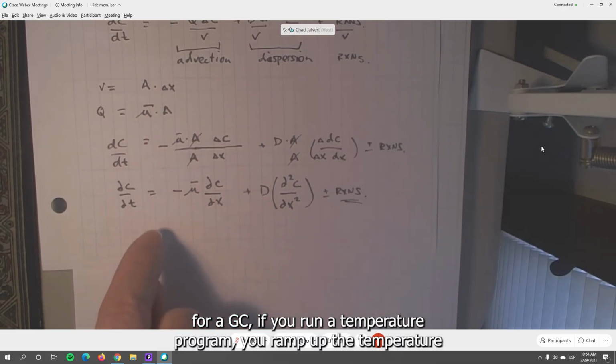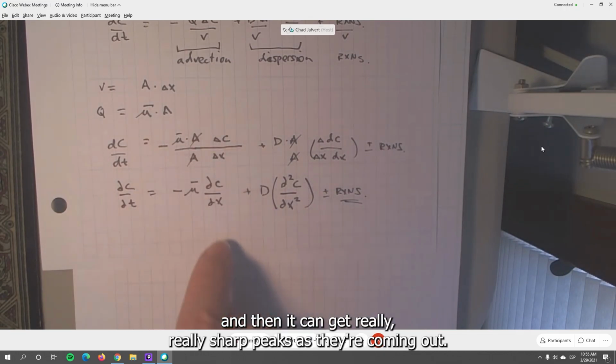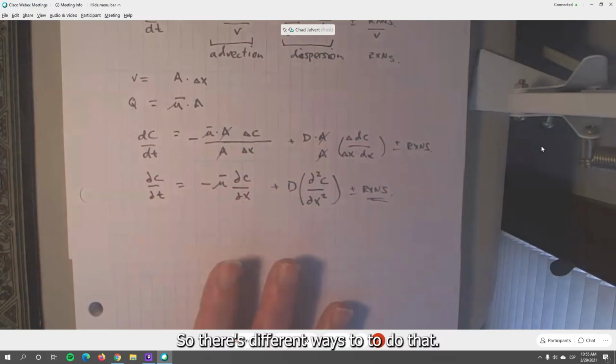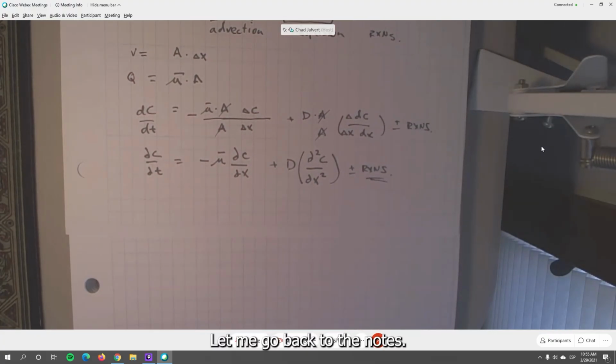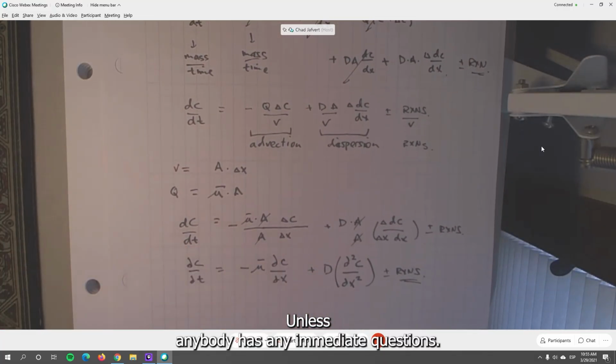For a GC, if you run a temperature program, you ramp up the temperature, and then you can get really, really sharp peaks as they're coming out. So there's different ways to do that. Let me go back to the notes. Unless anybody has any immediate questions.